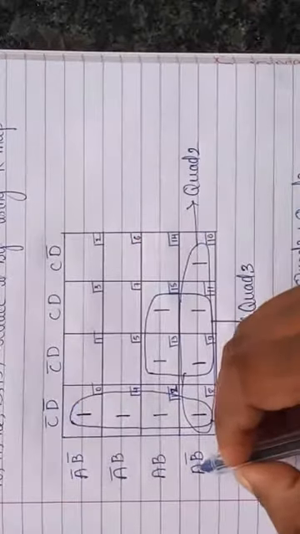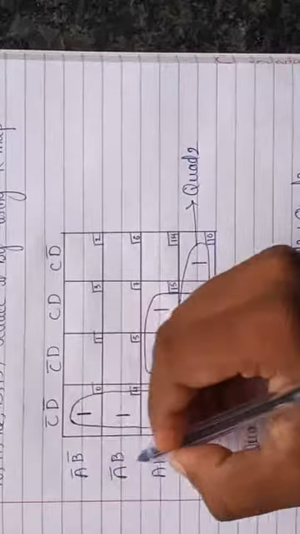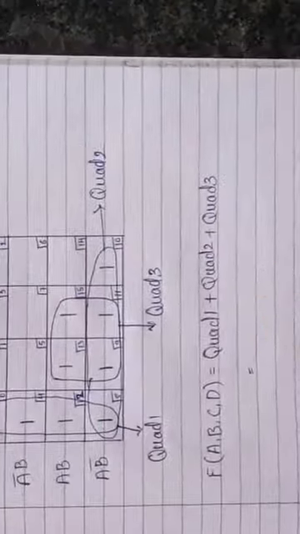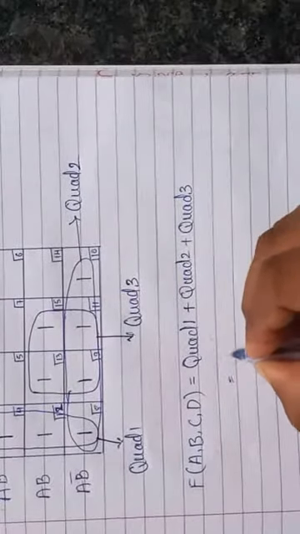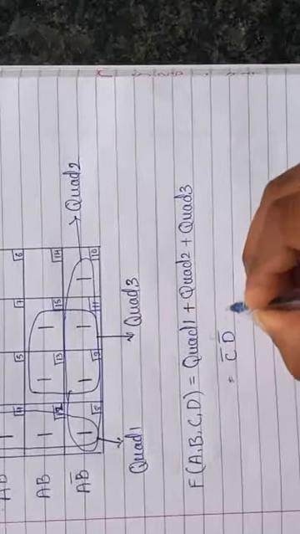So you can see that A and A bar get cancelled, B bar and B get cancelled, so only C bar D bar remains. So the solution for quad 1 is C bar D bar, plus as it is.